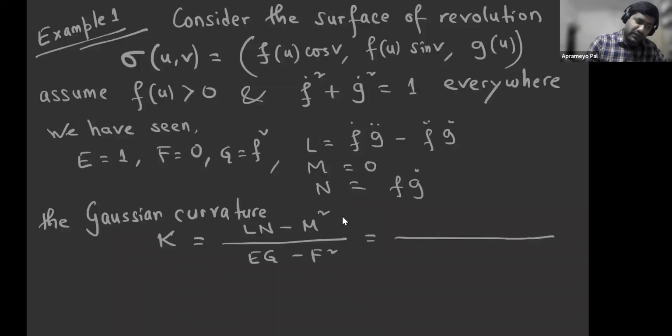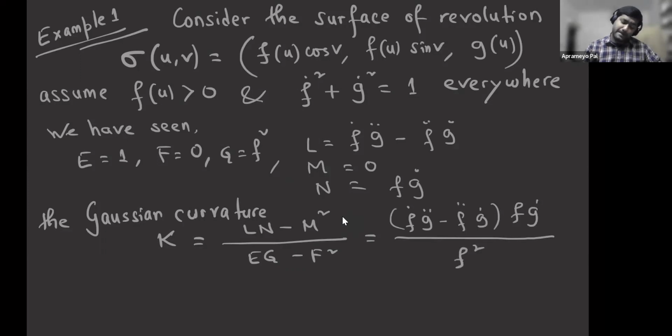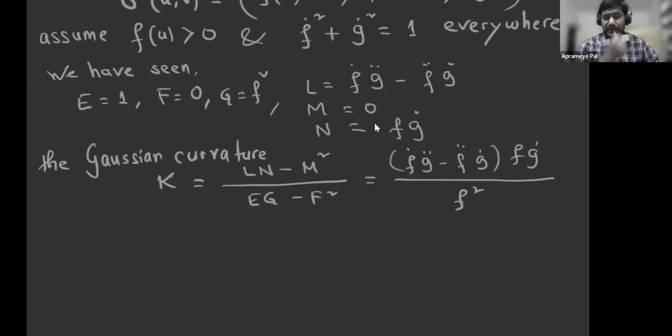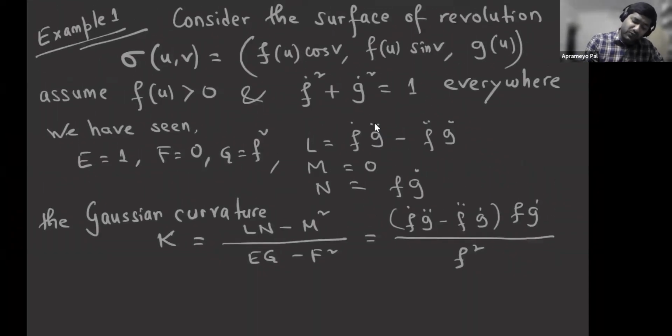If you put all the values, you get f dot g double dot minus f double dot g dot, times f g dot, and in the denominator you get just f square. So this is nice, but one can actually simplify the equation using this relation.